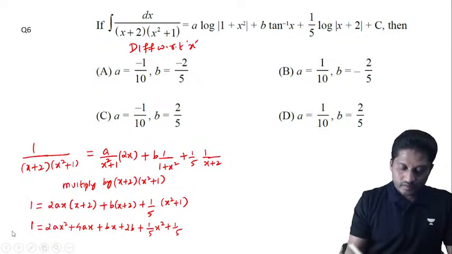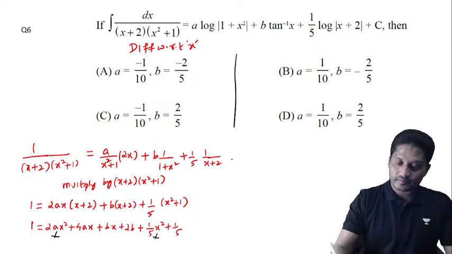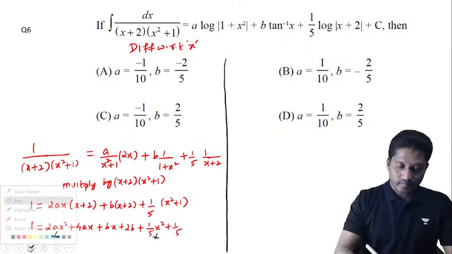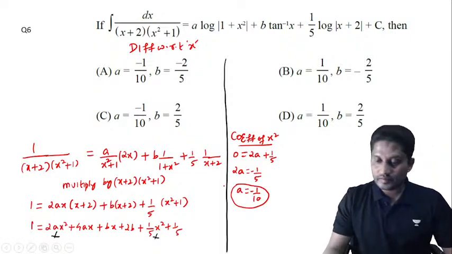Now I'll equate. If I equate coefficient of x square, throughout, left side it is 0, you will get 2a plus 1 by 5. That is 2a is equal to minus 1 by 5, a is equal to minus 1 by 10. Okay, this is the value of a.